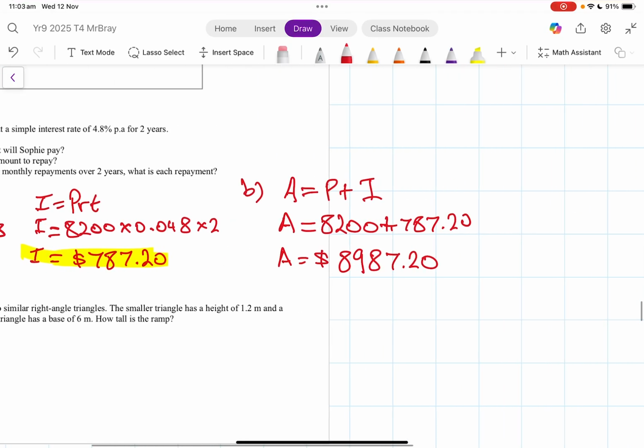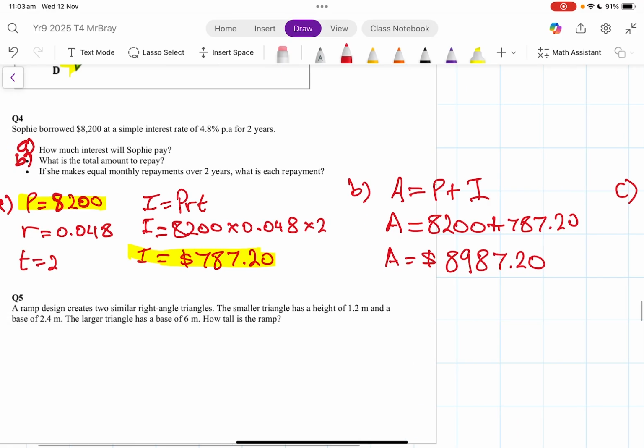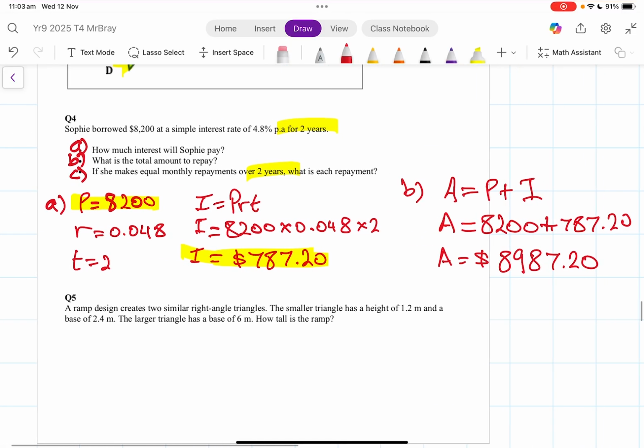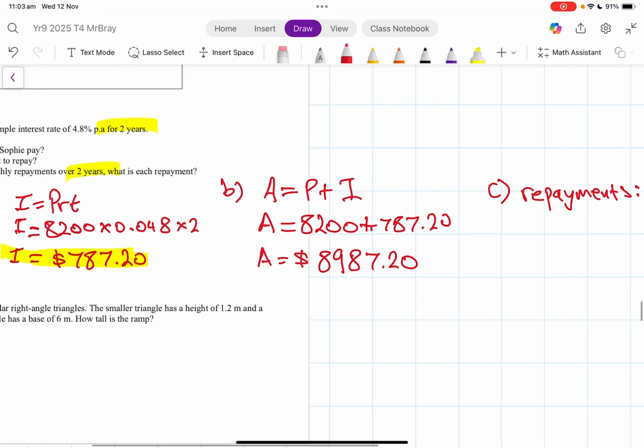And then for part C, and I'm going off the page a little bit here, guys. If this was part C here, if she makes equal monthly repayments over 2 years, so that's the term of the loan, so nothing special going on there, what is each repayment going to be worth? Well, over 2 years, there are 24 months, right?